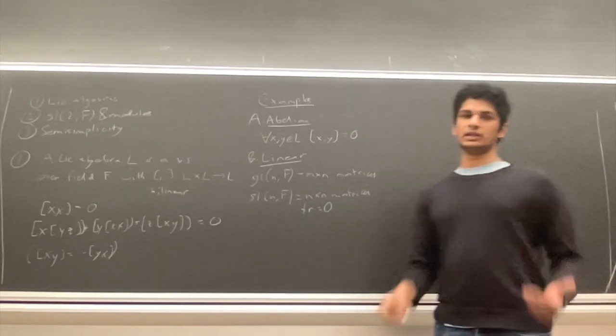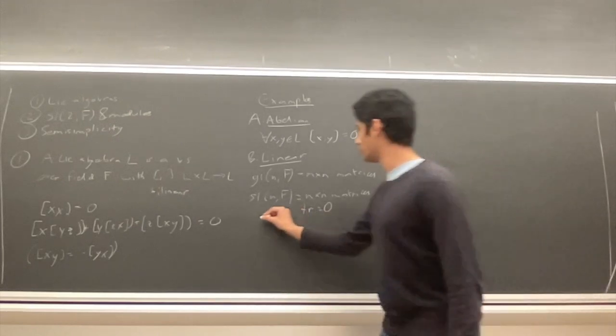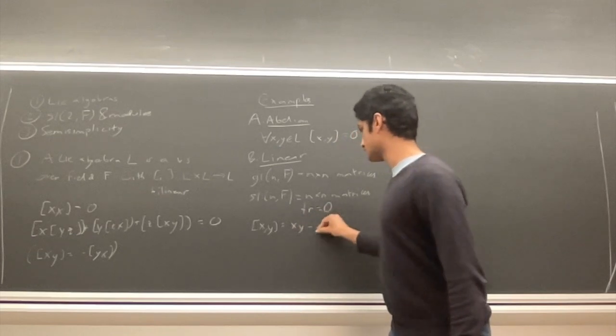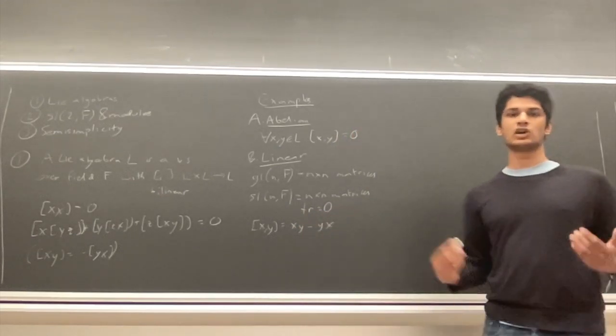Alright, and what is the Lie bracket we're going to use? Well, it's going to be bracket xy is xy minus yx. So the bracket is just the commutator.